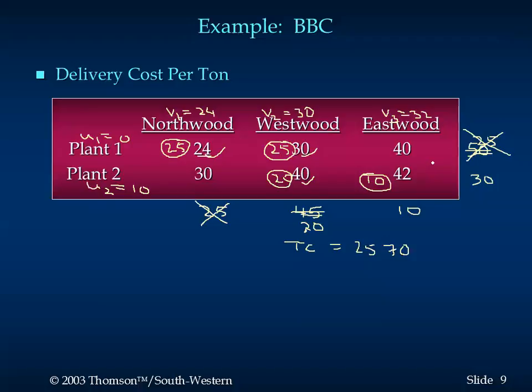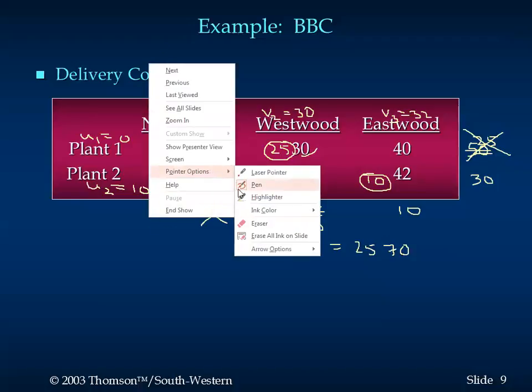So for the basic cells, Ui plus Vj equals Cij. Everyone agrees? Now, for non-basic cells, for empty cells, we take Cij minus Ui minus Vj. So I'll put it down here like this. Let me try this again.